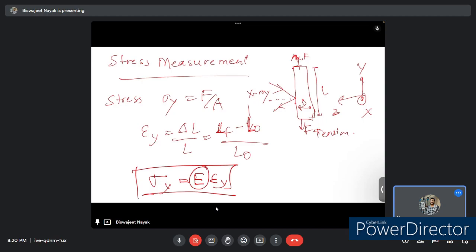This modulus can be anything depending on the stress and strain applied.